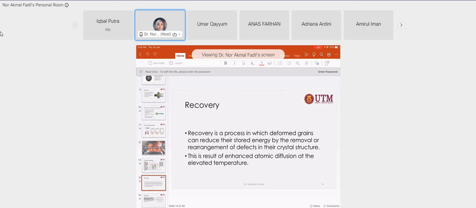So what happens inside during recovery? These two will rearrange themselves and they will eliminate each other. This is a result of enhanced atomic diffusion. Why does this happen? Because atoms are moving. We induce energy, they get energy, they will move faster.